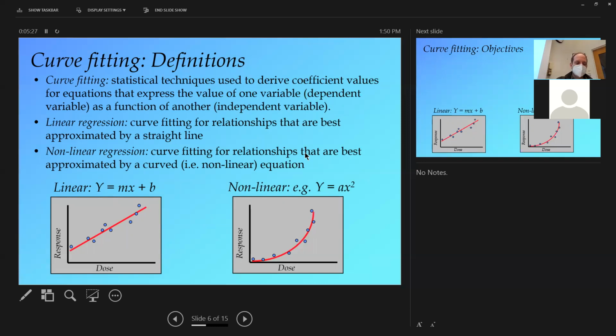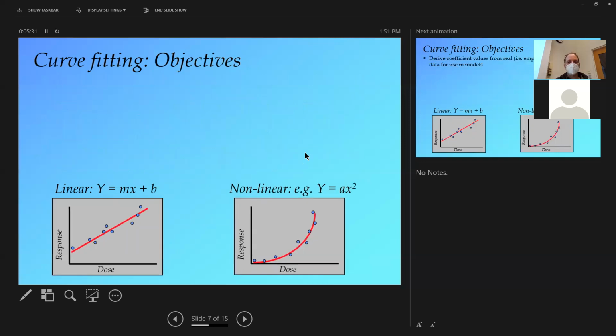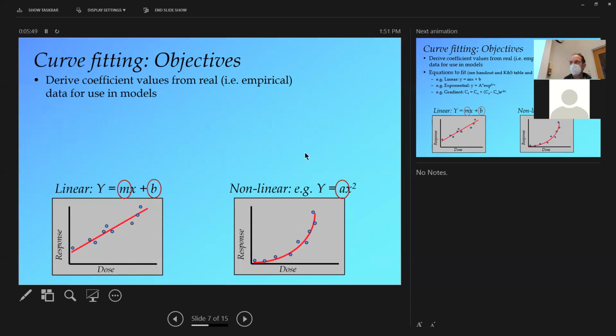So the basic essence of curve fitting is that we're trying to derive coefficient values from empirical data for use in models. We've collected a bunch of data on some phenomenon, and we're trying to come up with coefficient values that express one variable as a function of another variable.